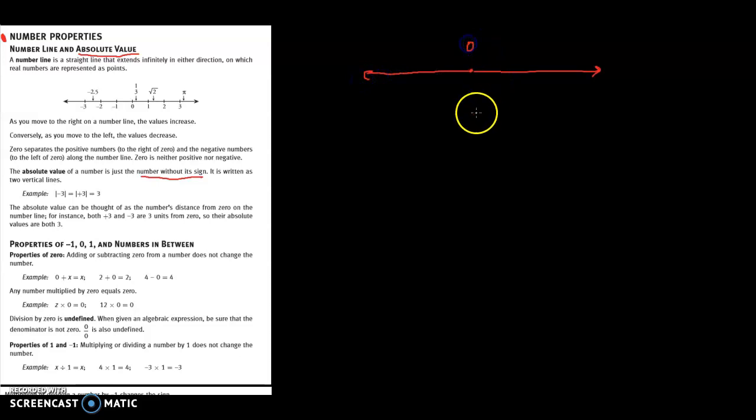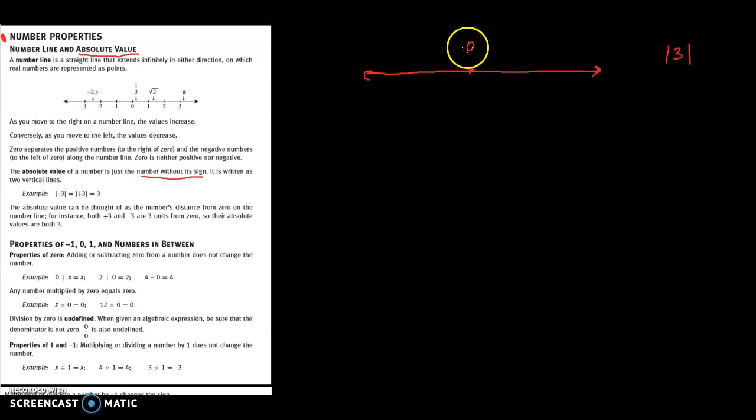For example, if I have 0 and the absolute value of 3, what this asks is what places on the number line are exactly 3 units away from 0.